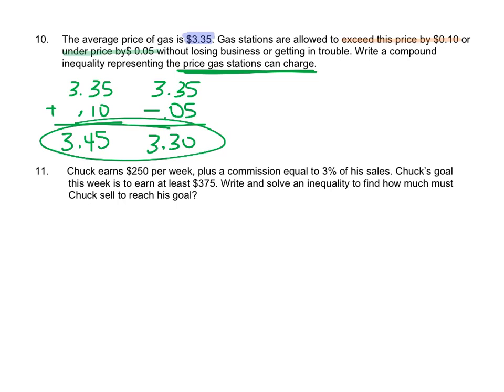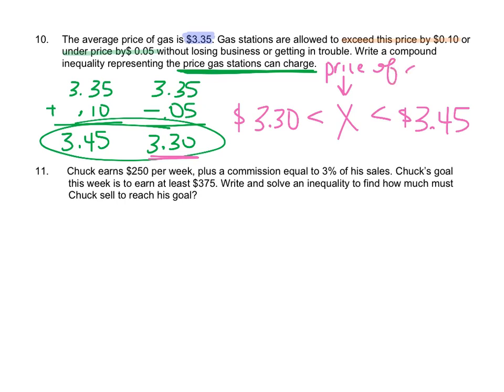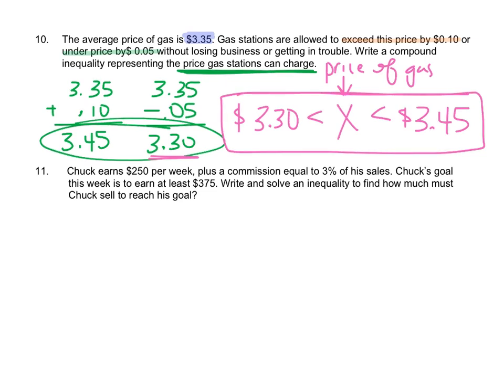The price of gas is X. It can be anywhere between my lowest, $3.30, or all the way up to my highest price of $3.45. So X is the price of gas, and it can be sandwiched anywhere between $3.30 and $3.45.